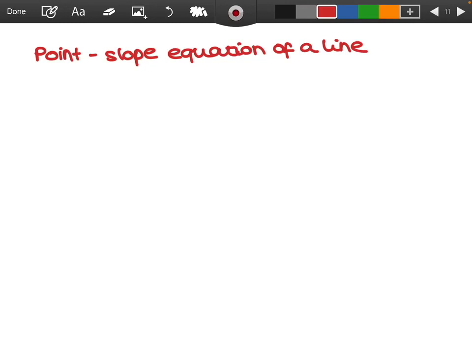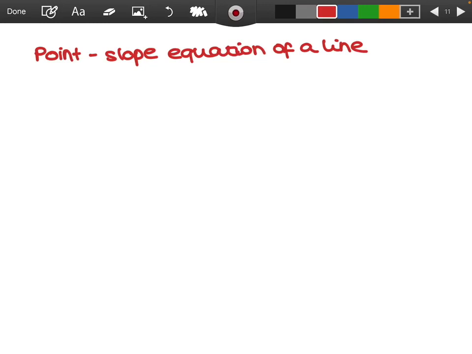If we have a line that has a particular slope and goes through a specific point, then it's very easy to write down the equation of the line in this form.